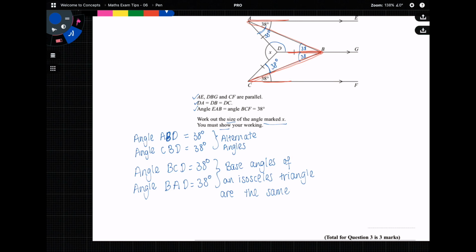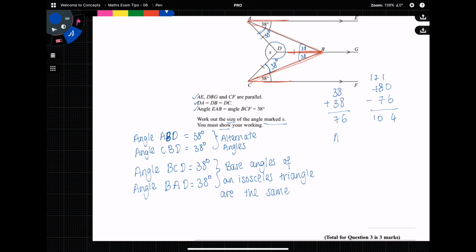this angle here and this angle here, and we can do that by adding 38 and subtracting it from 180. So let's show that here. 38 plus 38, 76. 180 take away 76, 104 degrees.